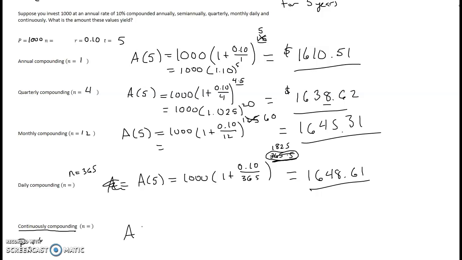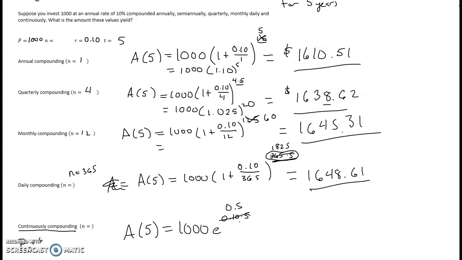So the amount in the account after 5 years is going to equal our principal, which is 1,000, times our constant E, raised to our interest rate, which is 0.10, times the amount of time it's invested. So 0.10 times 5, again, I like to work that out. So this ends up being 0.5.